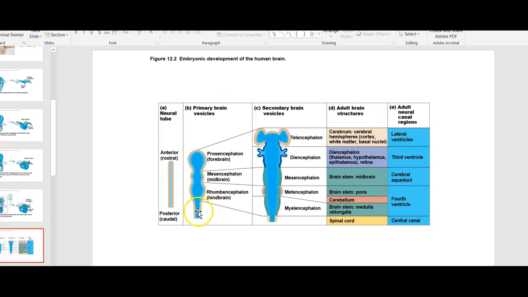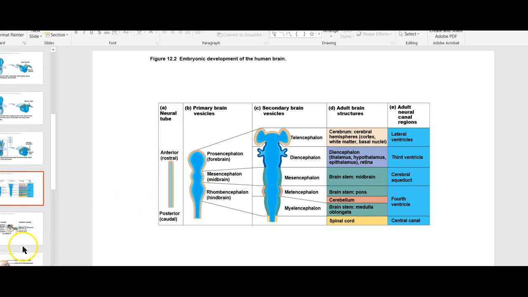And then that tube starts to grow and get longer and also develop these weird folds. So diencephalon, this is where our third ventricle is going to be, because that's thalamus, hypothalamus. And telencephalon, this is going to form our 2 cerebral hemispheres. So this little bulge here and that bulge there is where our 2 lateral ventricles are going to come from.